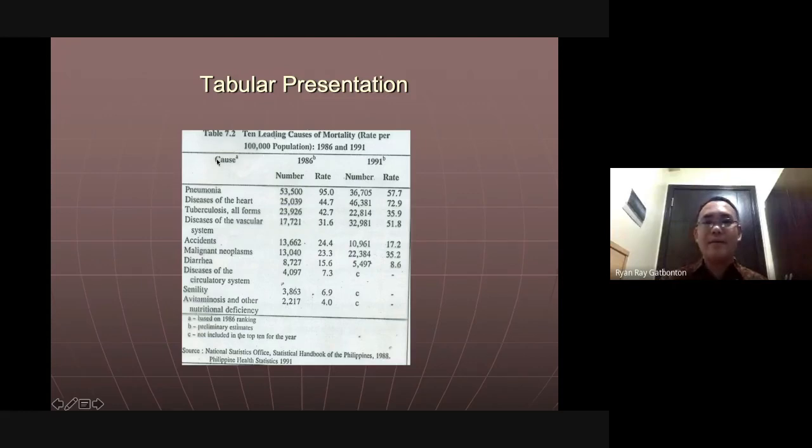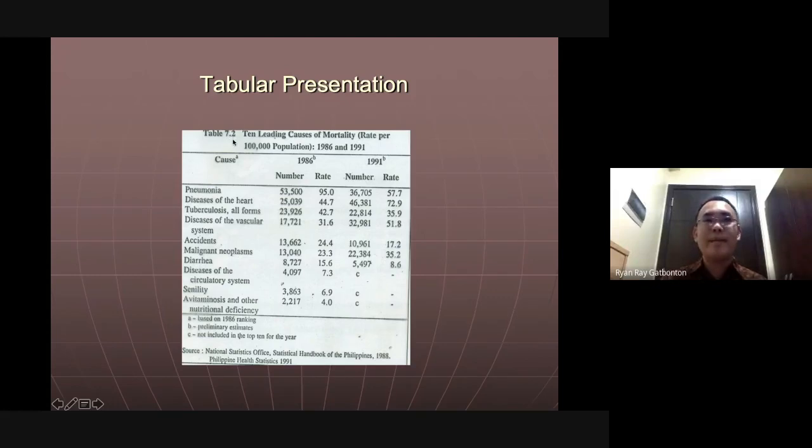In naming your table, always name it by number, as it appears in your research or in your text. By APA convention, we no longer use decimal numbering of tables.